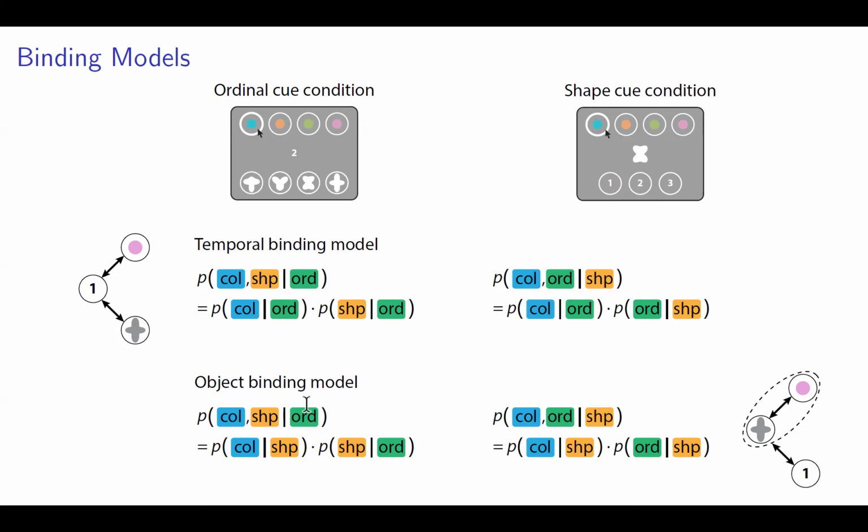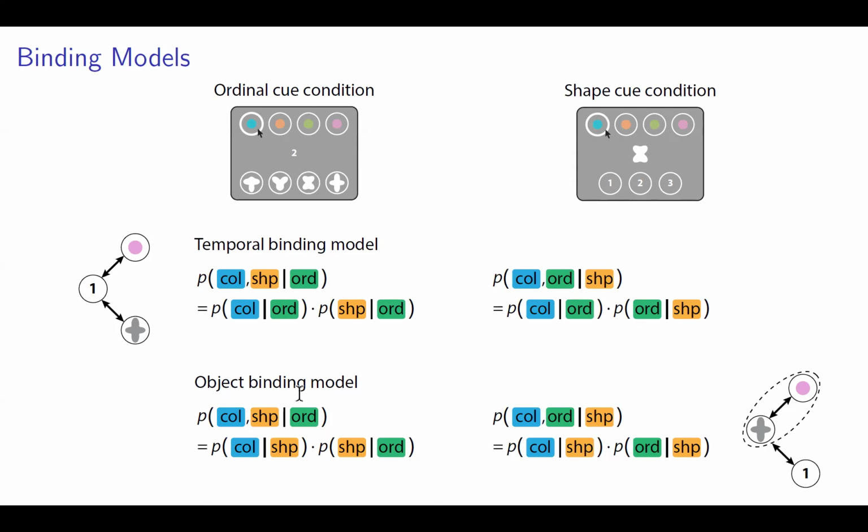Yeah, I mean, is the specific proposal in the object binding model that the shape is the privileged feature dimension? In this particular implementation, it would be, but as I said, it's more intended to reflect the general property that you should have correlated errors between the two features, which this one at least does have, although I'm not entirely happy with it as the real implementation of object-based binding.